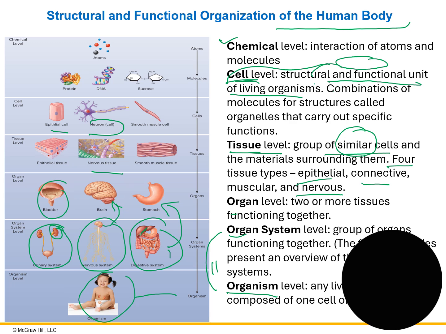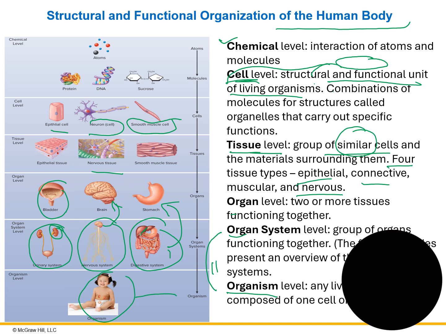This is the main cell for signaling purposes. Then another one is the smooth muscle cell. This is a muscle cell. There are different types of muscle cells, for example skeletal, smooth, and cardiac. Cardiac is only in the heart. We're going to go into details on that later.